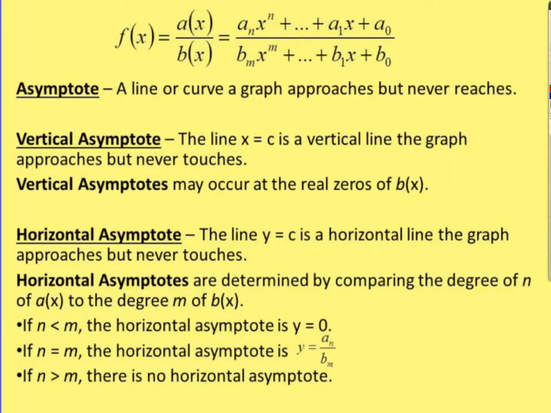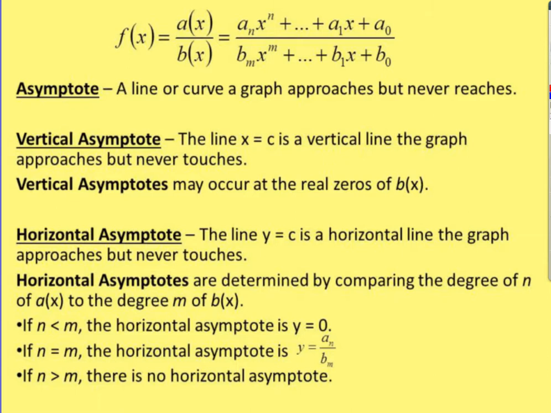Now, a rational function is that f of x is equal to a of x over b of x. A of x is a polynomial function, so it's a sub n times x to the n power, going on until we get to a sub 1 times x to the first, plus a sub 0, where a sub 0 is your constant.